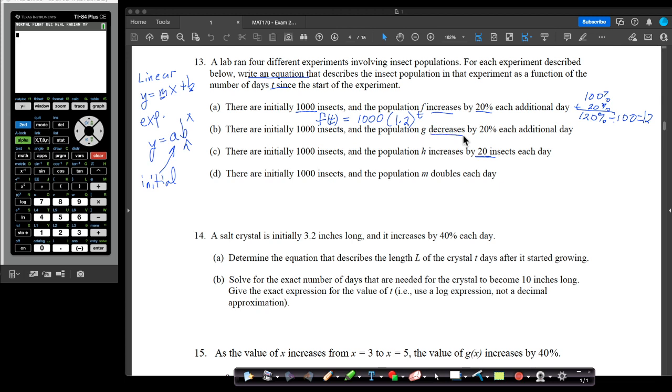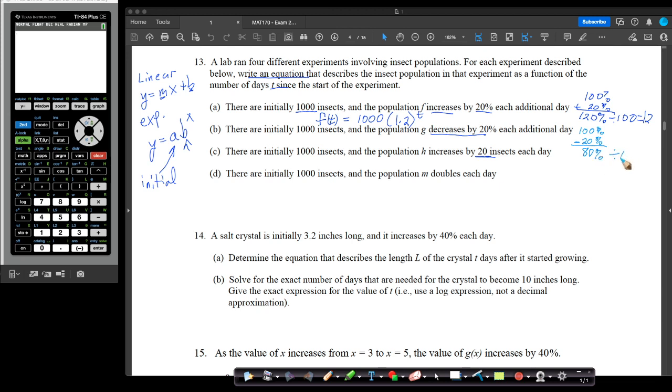If we're decreasing by 20%, well, that's the same type of thing. Let's change colors a bit. So we start with the 100%, but we're decreasing, so we're subtracting 20%. Which means we're only getting 80% back, so they're dying off for some reason.